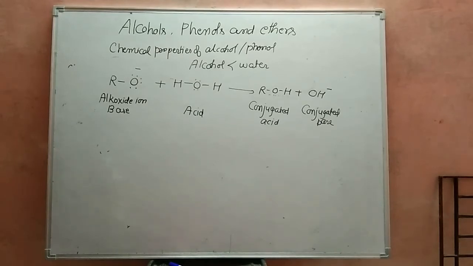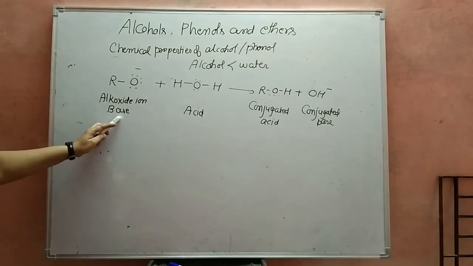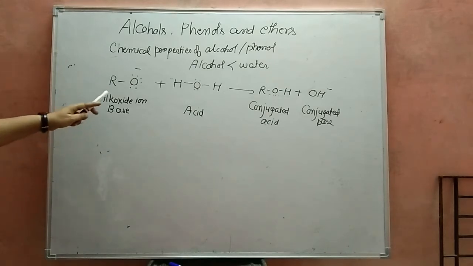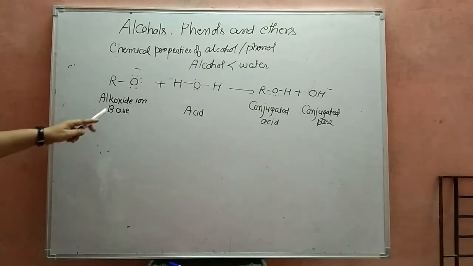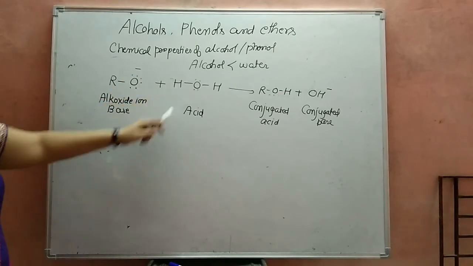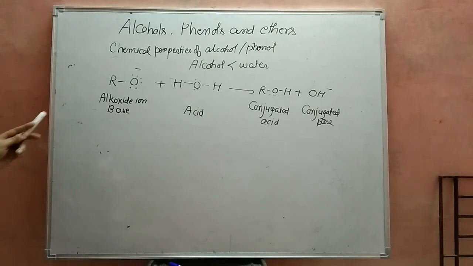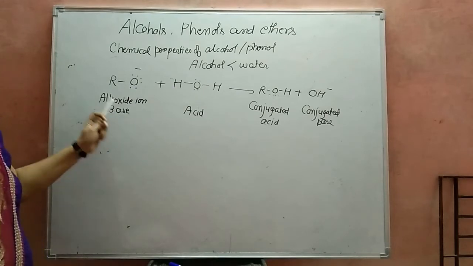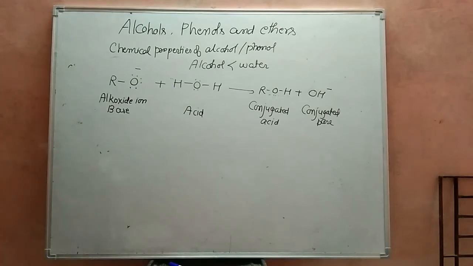Because alcohol can act as a Bronsted base. Why does it act as a Bronsted base? Because this unshared pair of oxygen, जो इलेक्ट्रॉन पेयर है, accepts the hydrogen. It accepts the proton. So this is the proton acceptor, means this is the base.